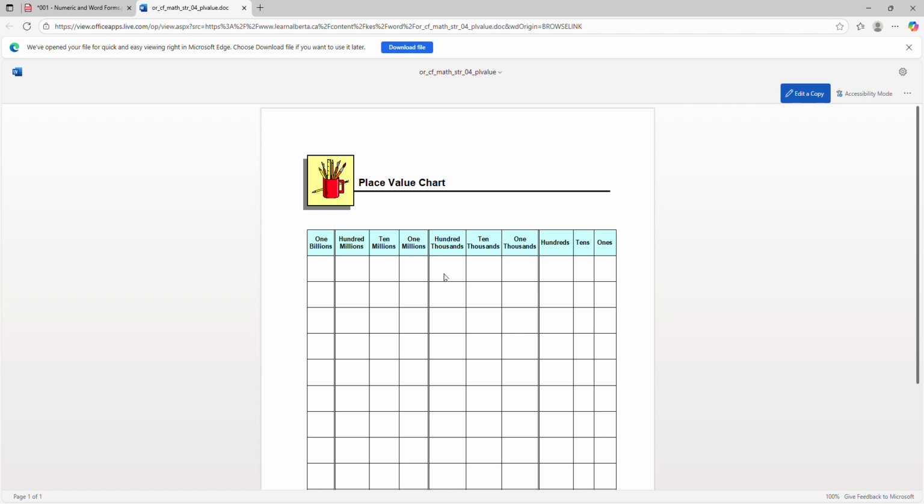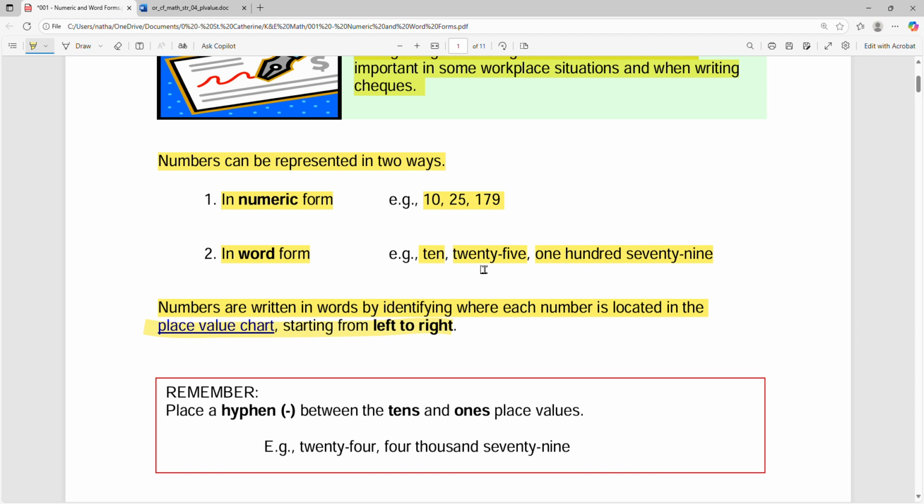We've got the ones place, the tens, the hundreds, thousands, 10,000s, 100,000s. Then we get into the millions, 10 millions, 100 millions, and even up to 1 billion. That is the place value chart.